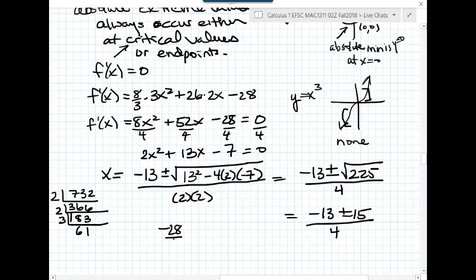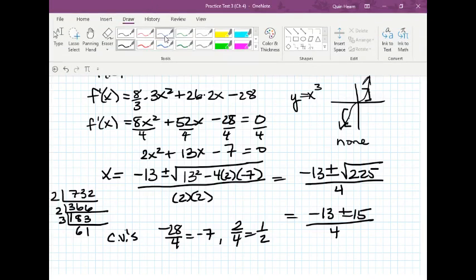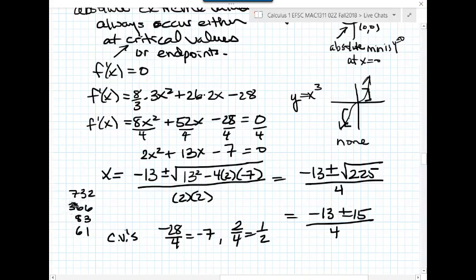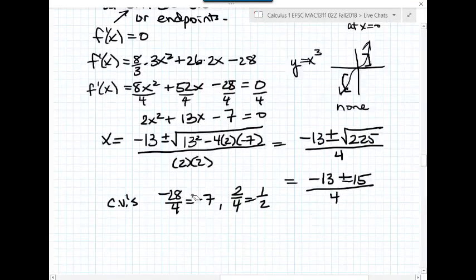So we have negative 13 plus or minus the square root of 13 squared minus 4 times 2 times negative 7, over 2 times 2. So that will give us something nicer, I think. 13 squared is 169 plus 56 is 225.